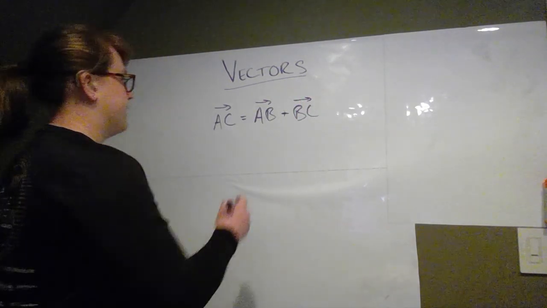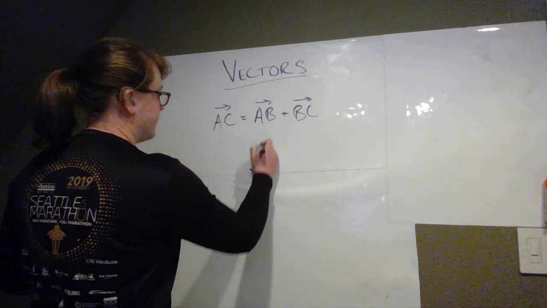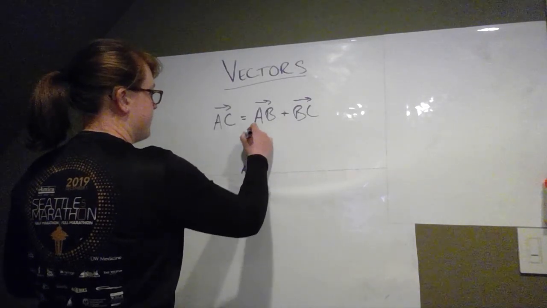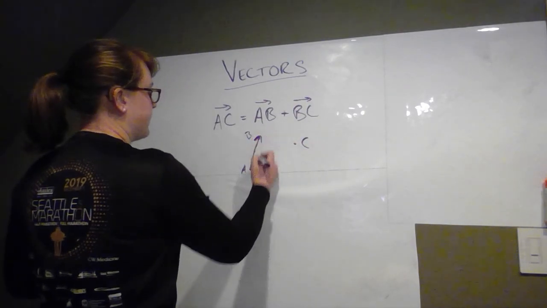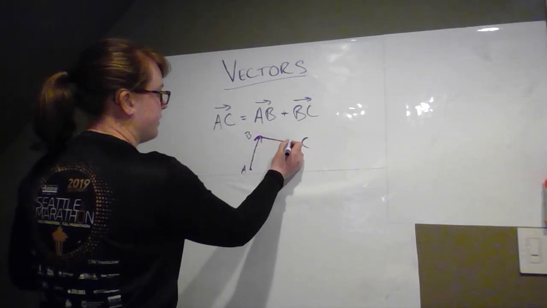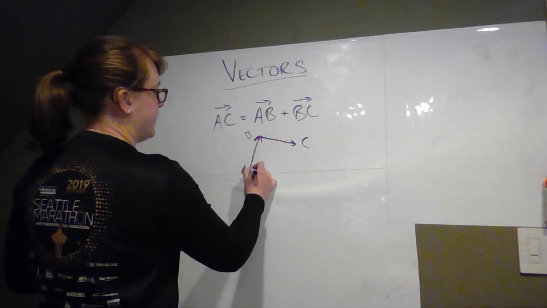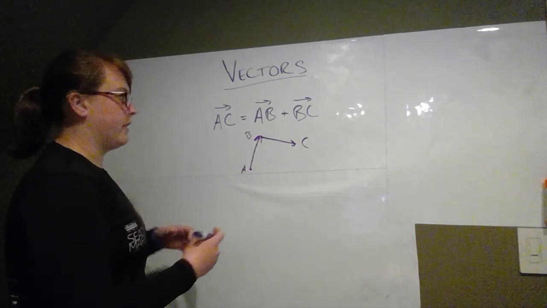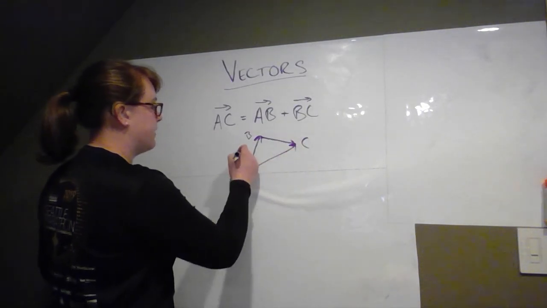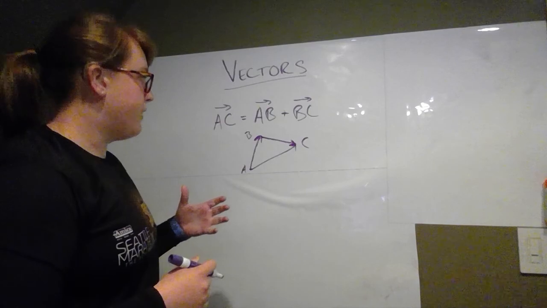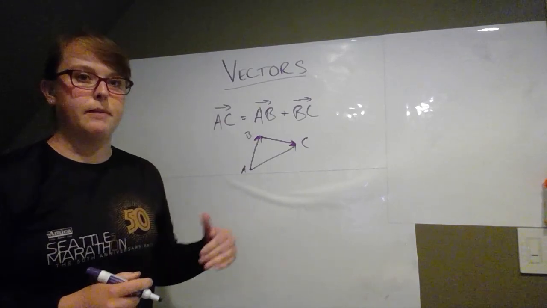So if I've got 3 points, A, B, and C, this would be vector AB, this would be vector BC, and if I add those two together, the one that results is vector AC. So when you add vectors, you're going tail to tip.